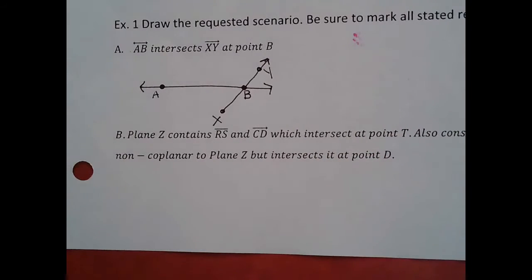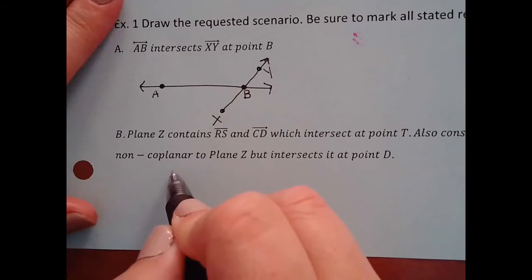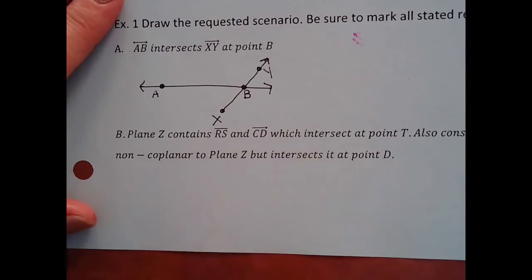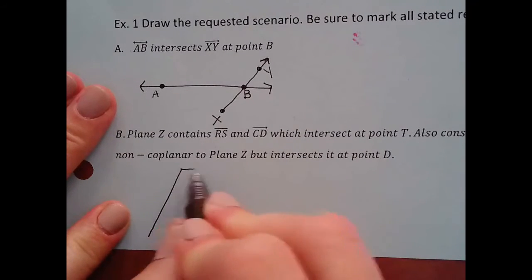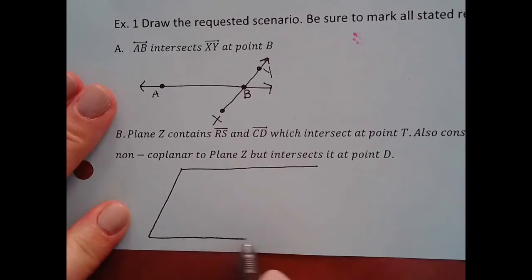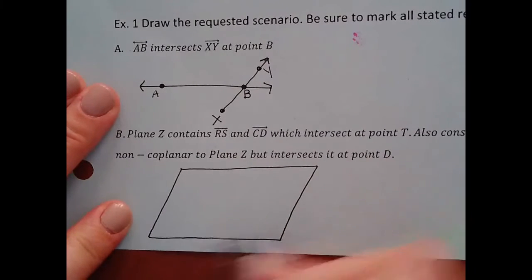That's why I recommend you do pencil. I'm just going to start off with, all of this is on plane Z, so I'm going to start with drawing myself a parallelogram and labeling it with the Z in the lower left or upper left corner. Maybe even check that off as you go so you know you did use that part.